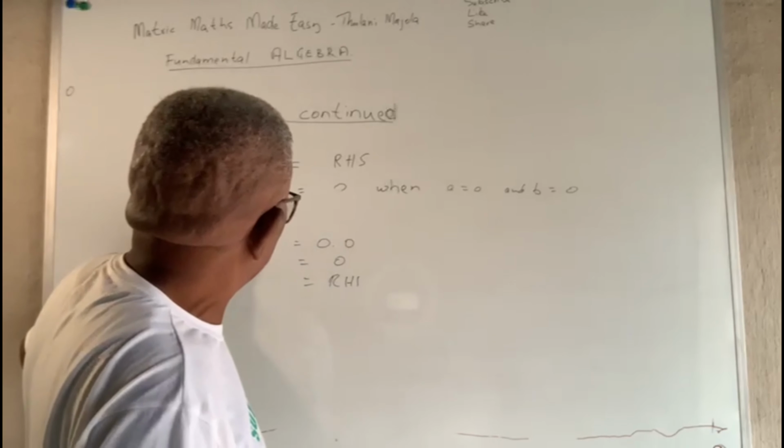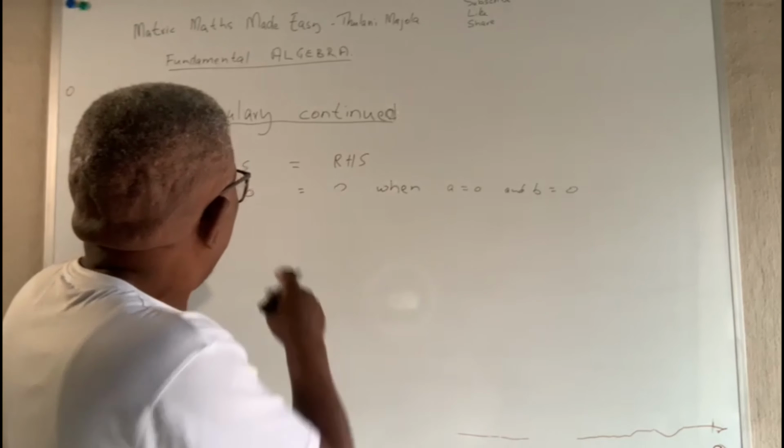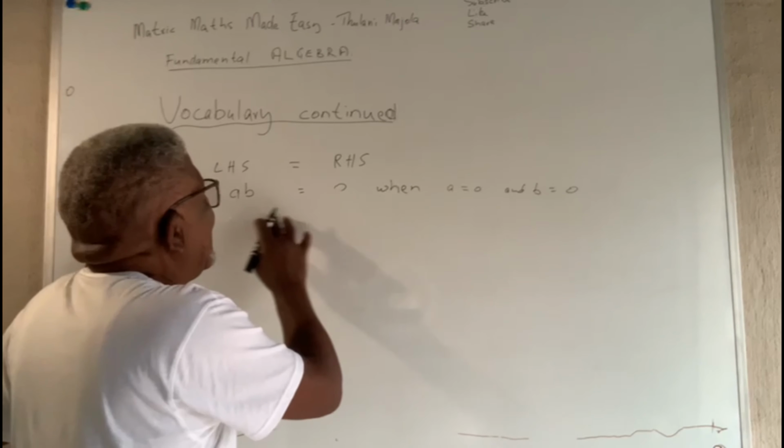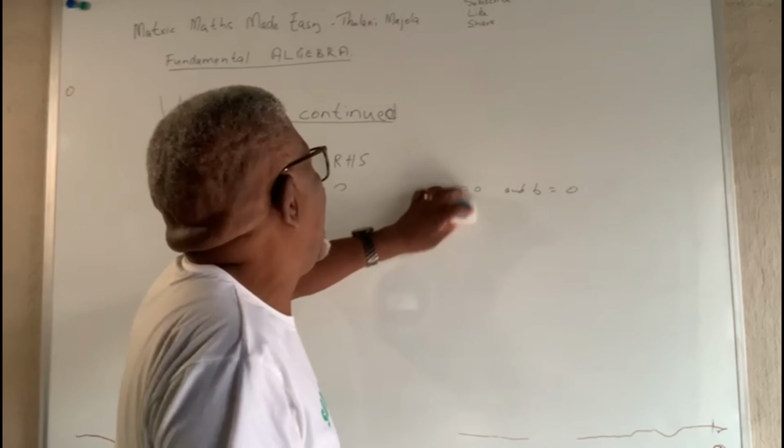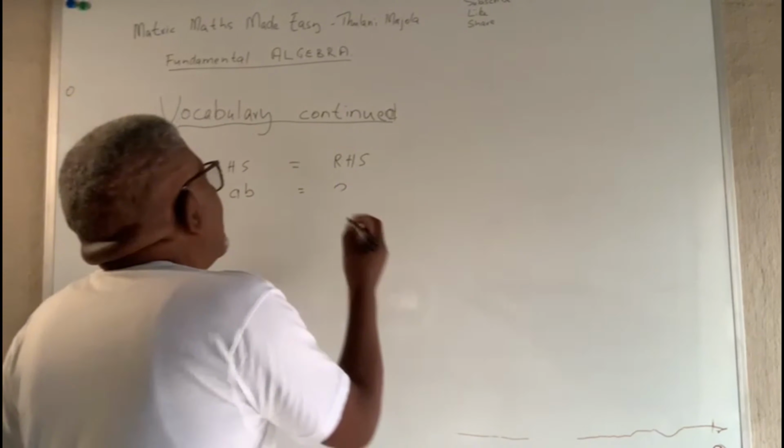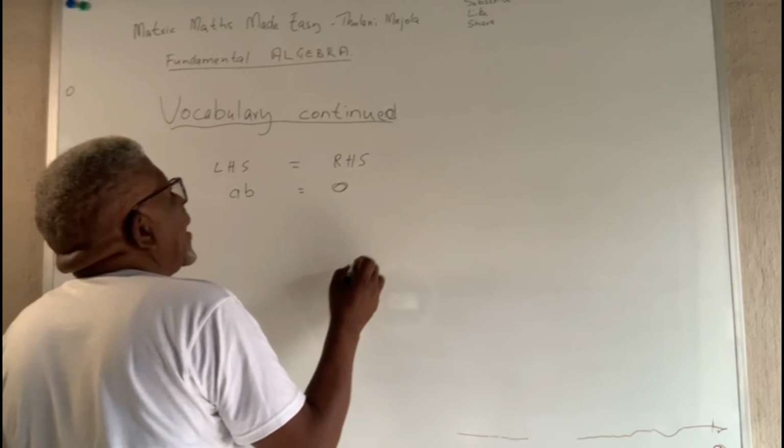So in this equation, A times B equal to 0, we can just generalize.